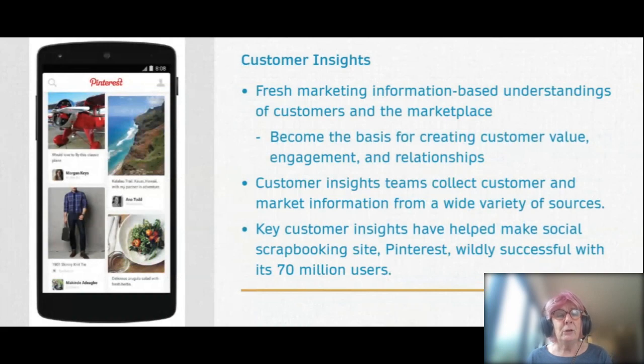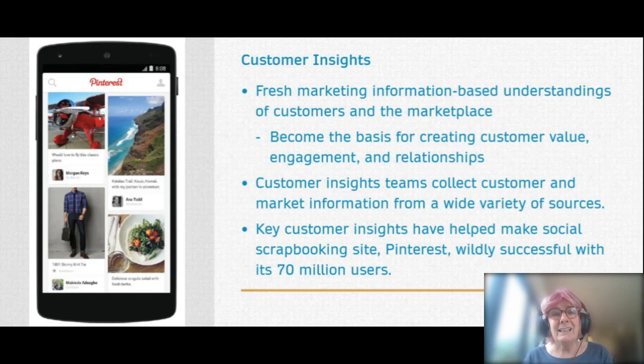What are they? Well, they tend to be fresh, new marketing, information-based understandings of customers and the marketplace. So a customer insight is not just information, it's understandings based on evidence. Understanding who your customer is, understanding what your customer likes, understanding when your customer wants to do things and how they want to do things, as well as, of course, understanding the marketplace and your competitors.